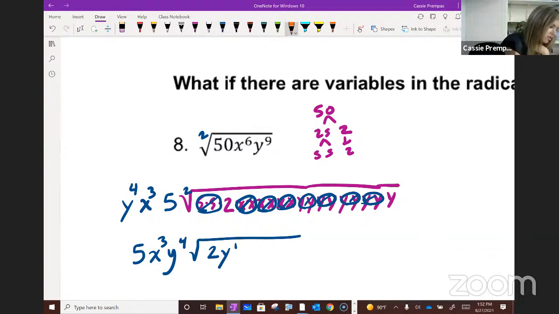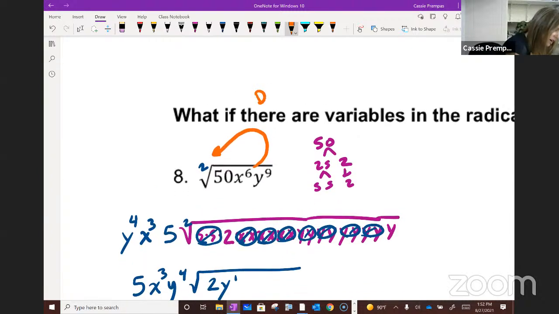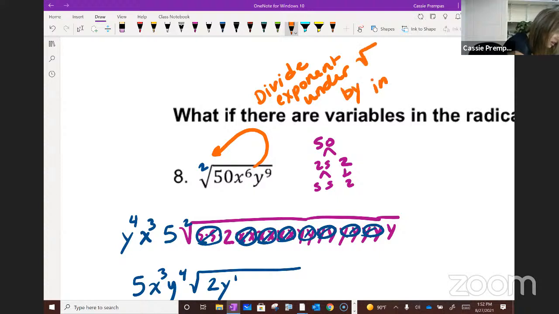I'm going to use Asher's vocabulary. Take the exponent, divide it by the index. So I'm going to say divide the exponents under the radical by the index. And then I'm just going to go ahead and point.